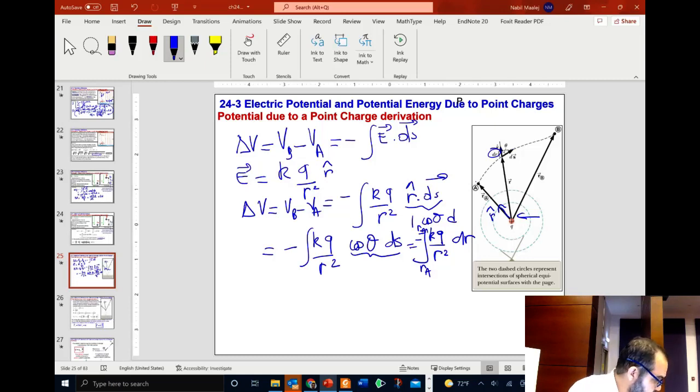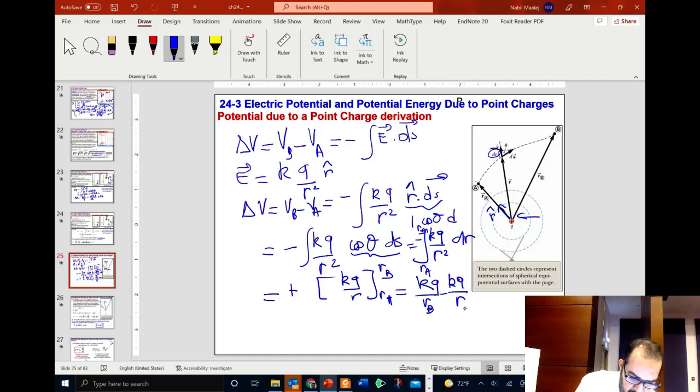Minus 1 over r. And we have a minus, so minus and a minus becomes plus kQ over r evaluated between r_A and r_B. So this becomes kQ divided by r_B minus kQ divided by r_A. This is equal to V_B minus V_A.